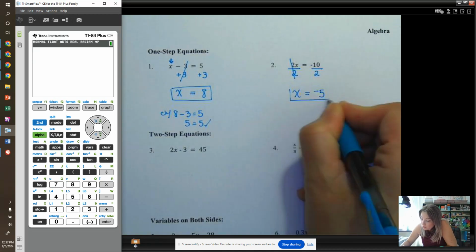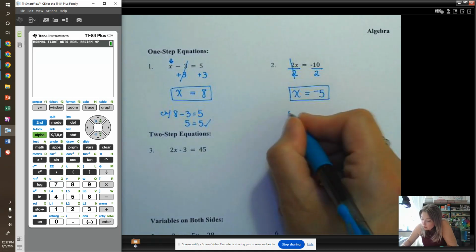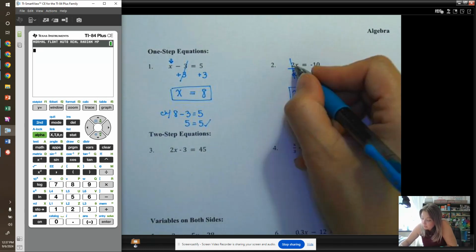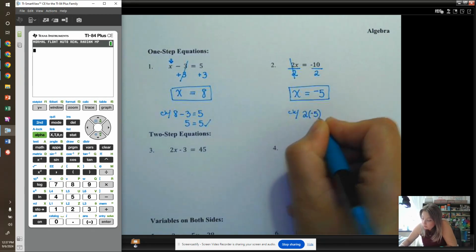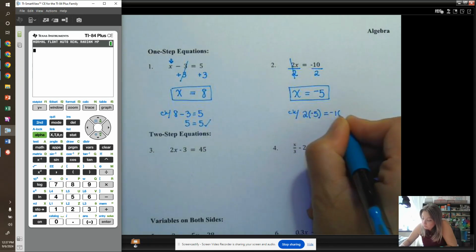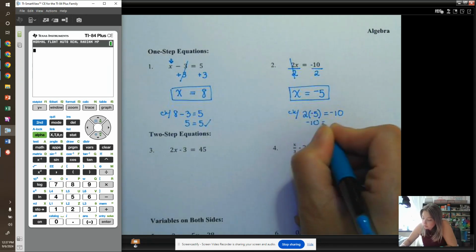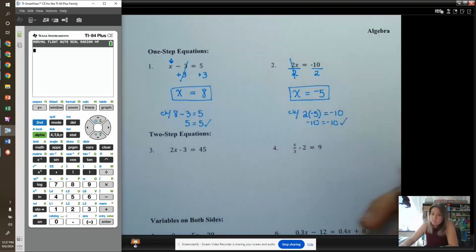If I were to think about this and check my answer by replacing x in the original equation with a negative 5, 2 times negative 5 is indeed negative 10, and this checks out. So notice I'm just also showing you how you can think about what that x value really means.